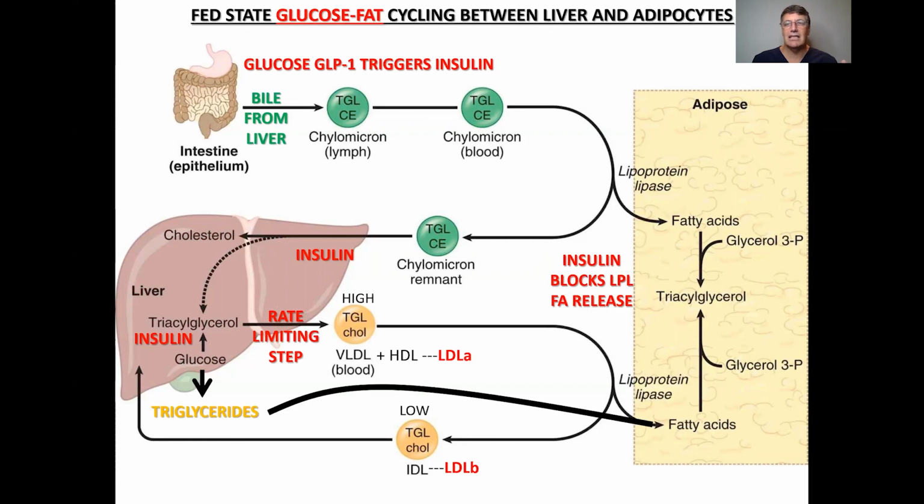And in the fed state, especially the slightly excessively fed state, on a low carbohydrate, high fat diet, there is a little bit of fat accumulation in the liver that then becomes used for ketone production and slowly transported out of the blood system. That's why our LDL-A particles go up and our triglycerides may or may not go up, depending on how much we can get into LDL versus triglycerides.